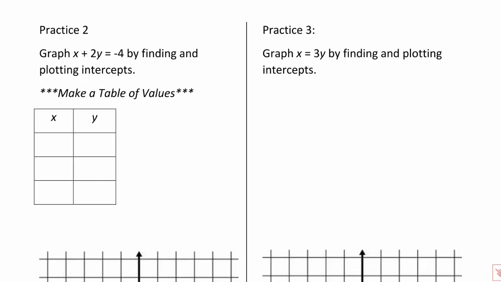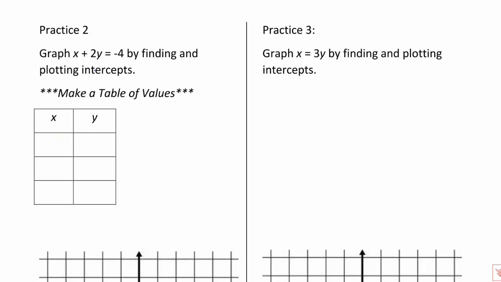It says graph x plus 2y equals negative 4 by finding and plotting intercepts. Make a table of values. Here's the thing. When you're asked to make a table of values, if it's in this form, this is called standard form. Well, what we want to do is find a table of values.